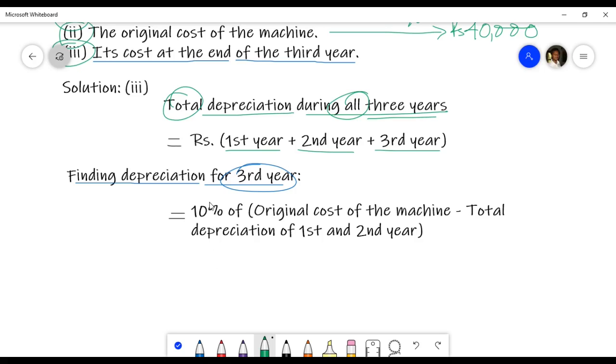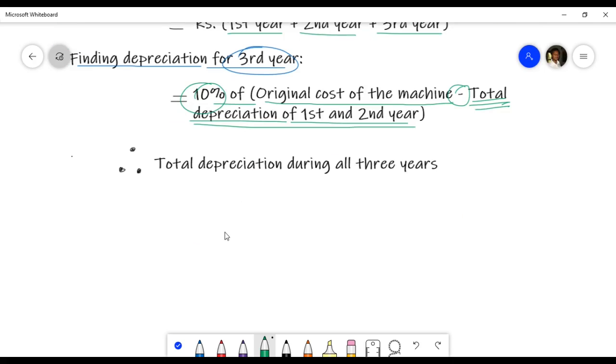To find depreciation for third year, we take the rate of depreciation, that is 10%, of the original cost of the machine minus total depreciation of first and second year.